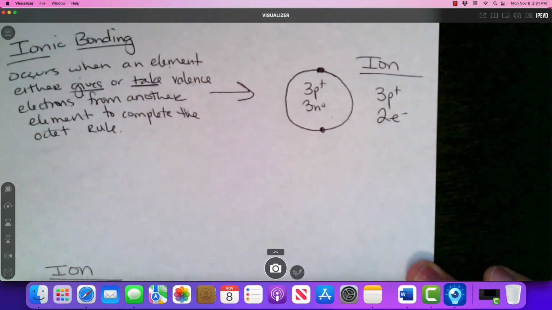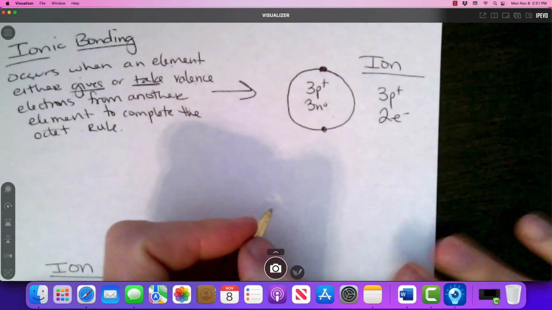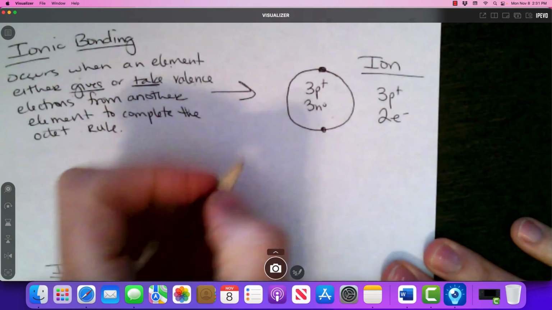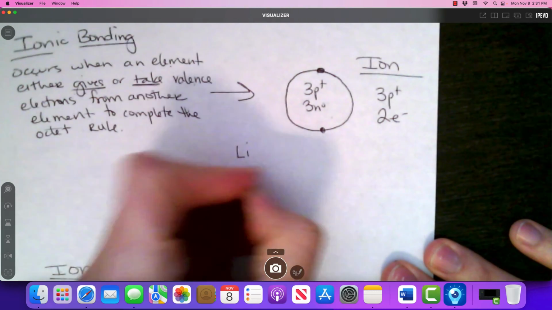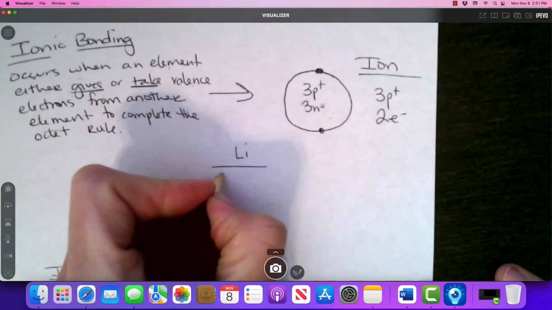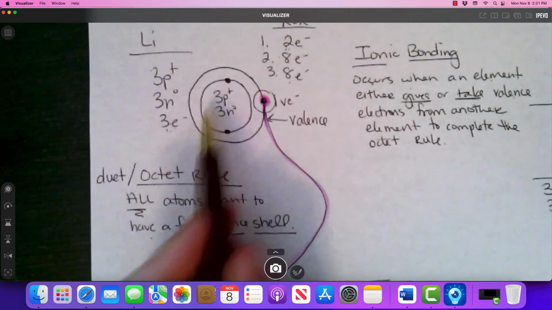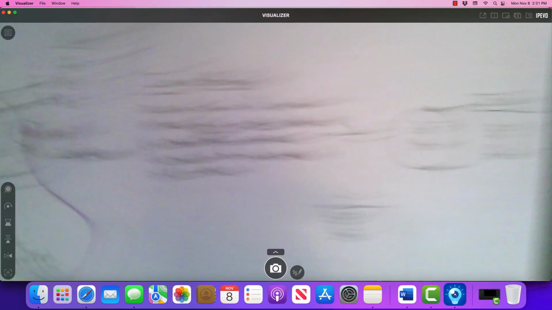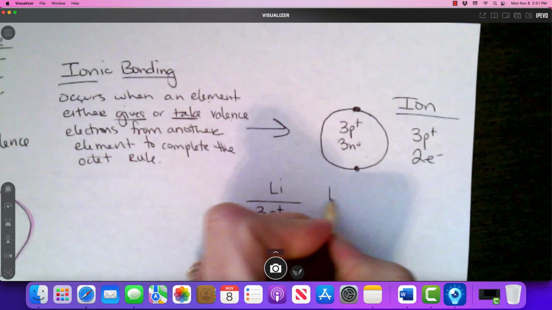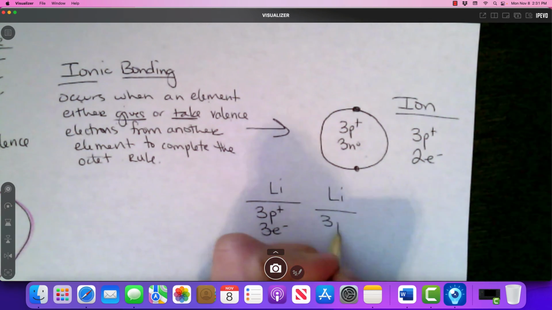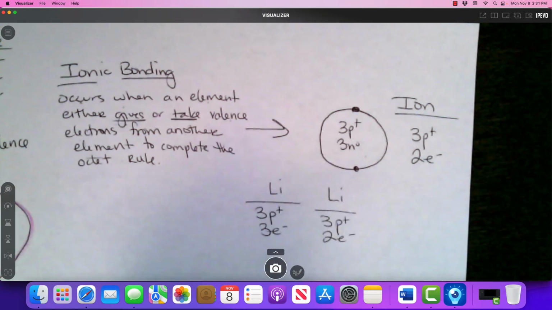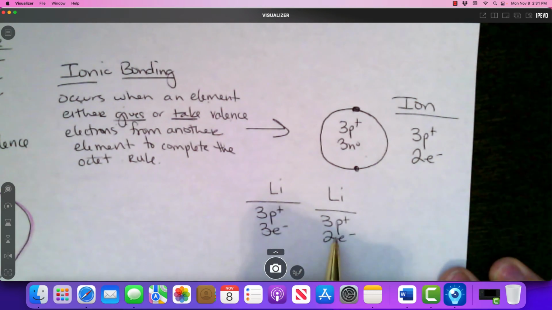We denote that with a special symbol. So when lithium is an atom, I'm going to leave off neutrons. It has 3 protons and 3 electrons. It gives away its electron. When that happens, it becomes an ion. 3 protons. It gave away an electron, so it now has 1 less electron. And here's the thing.